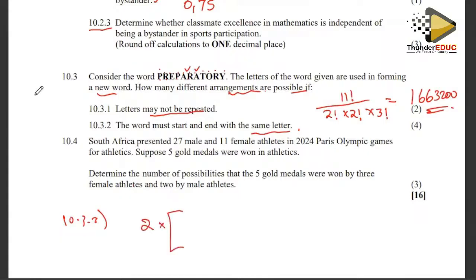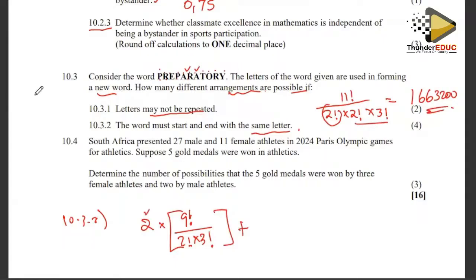If they are starting with the same and ending with the same, meaning that we only have 9 letters to choose from. So from the 9, if let's say I've eliminated these 2 that are repeating, I'll be left with 2 factorial times 3 factorial. Plus, the other option is that I'm dealing with these 3 letters.